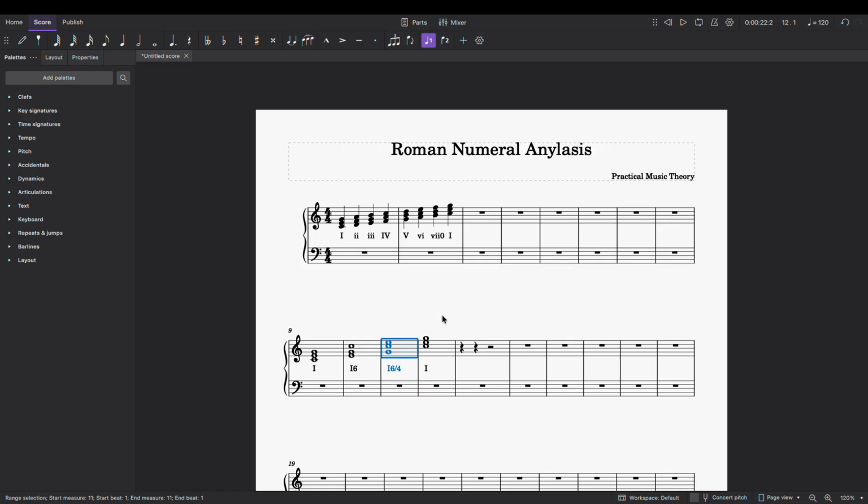And another great thing about Roman numerals is they help us illustrate and talk about chord progressions independent of key. So for example, a very common chord progression is a 2, 5, 1. You see that a lot in jazz, you see that a lot in even classical music. So if I'm in the key of C major and I want to write a 2, 5, 1, what chords do I need?